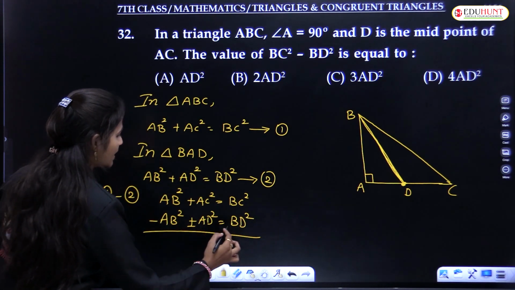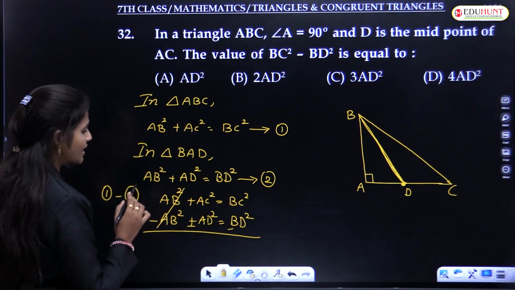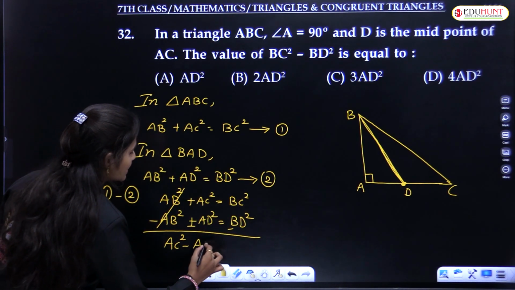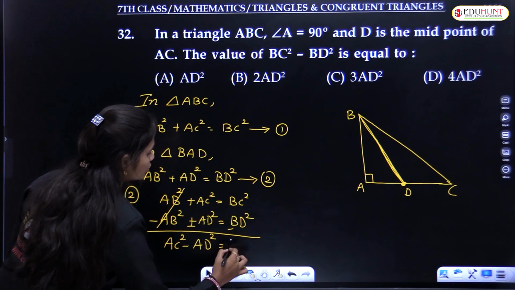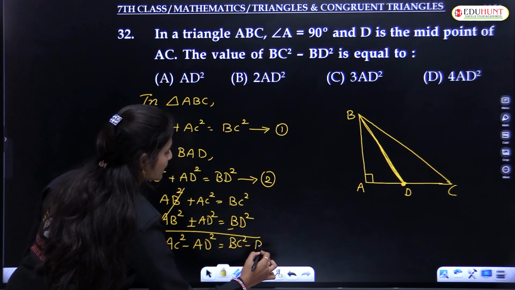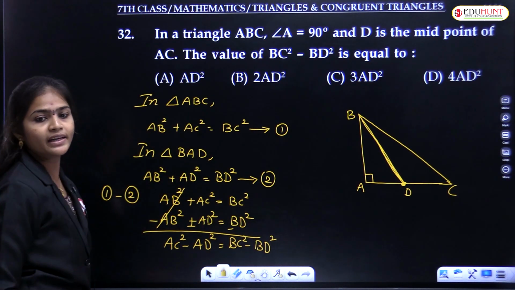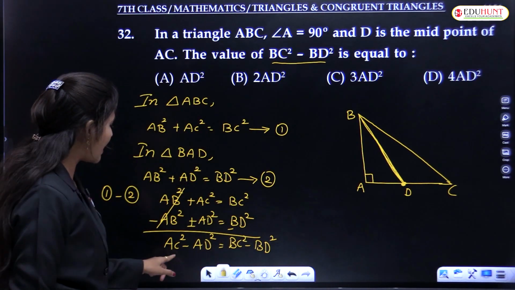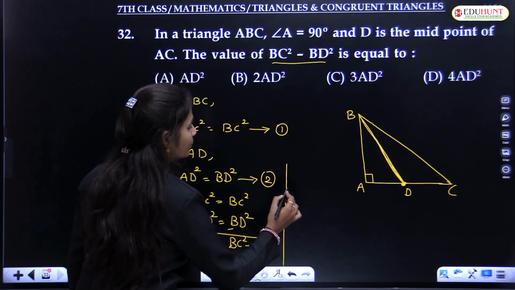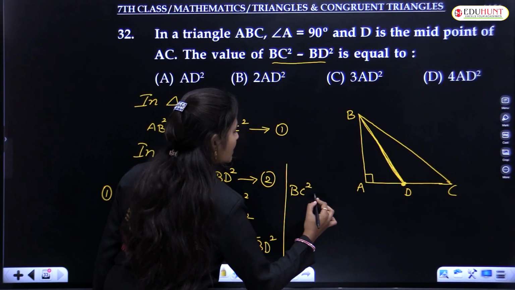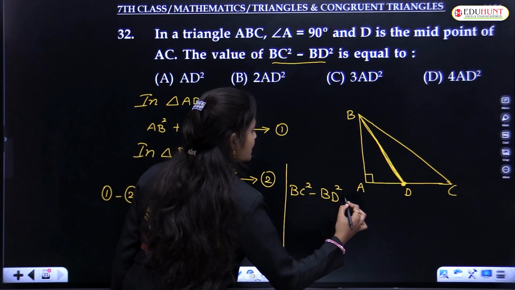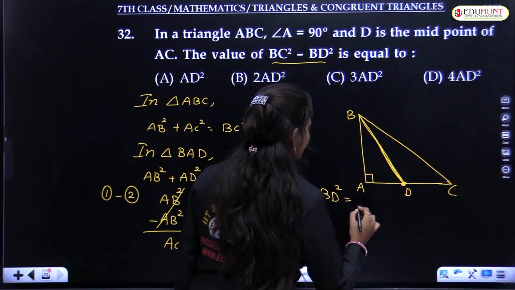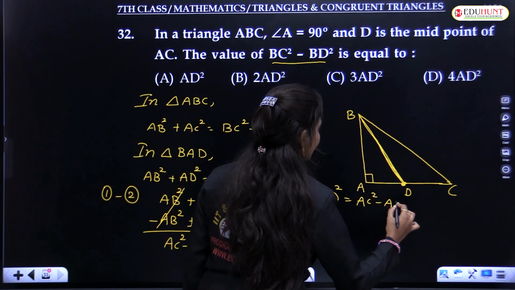AB square minus AB square gets cancelled, and AC square minus AD square is equal to BC square minus BD square. Actually this one we need to find out, BC square minus BD square, that's what they asked. So we can write BC square minus BD square is equal to AC square minus AD square.